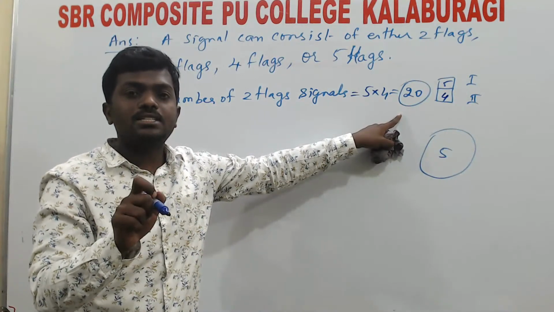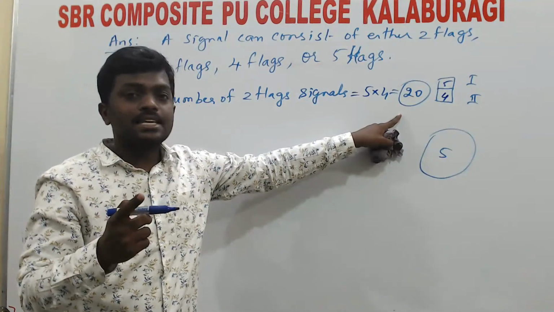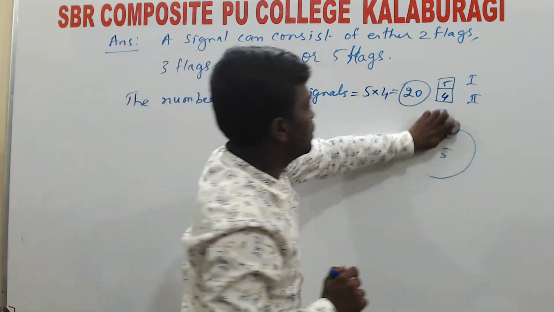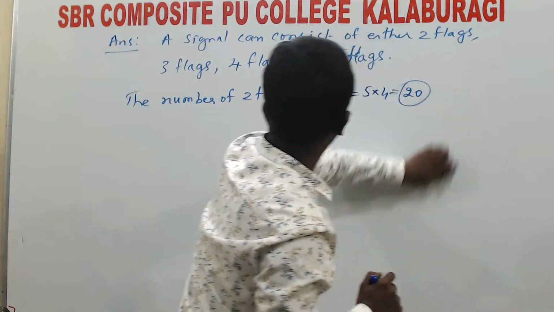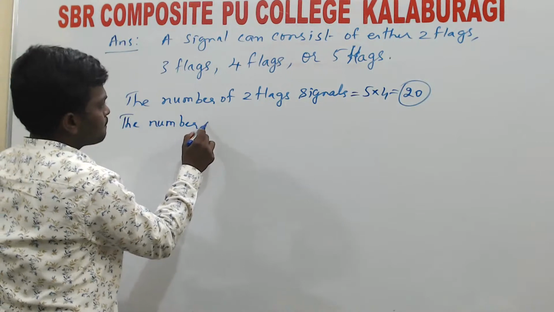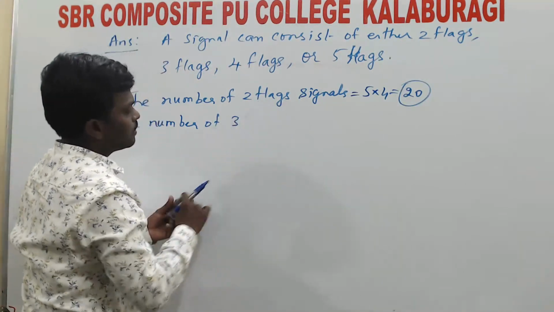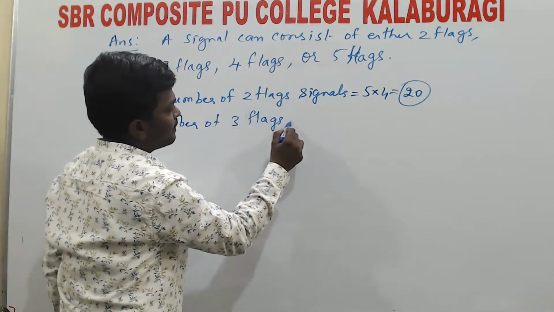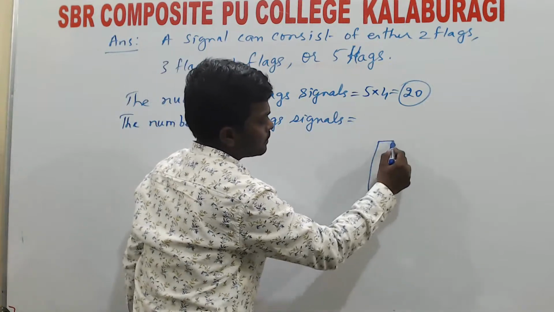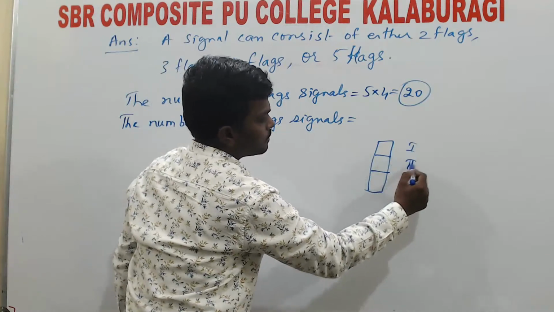Okay, so this event is over, but the question is not completed yet. They have not just asked to form 2 flags. They are asking us to form at least 2 flags. Now the number of 3 flag signals, one below the other.